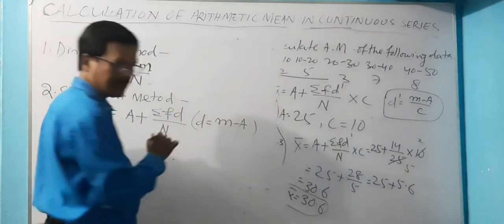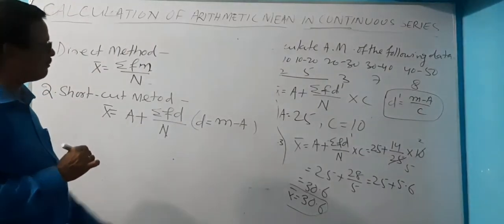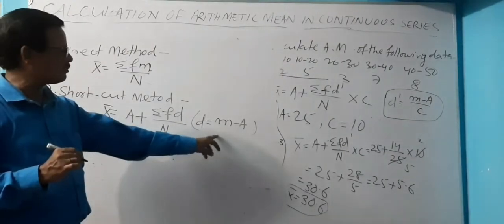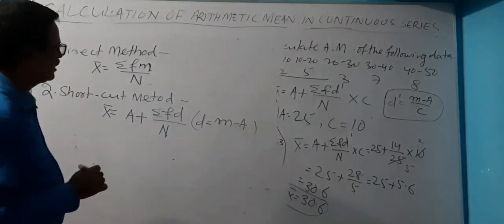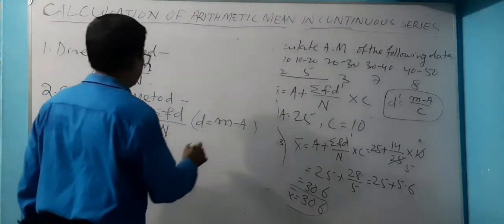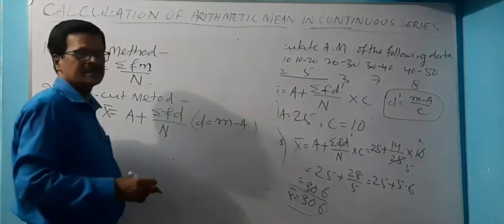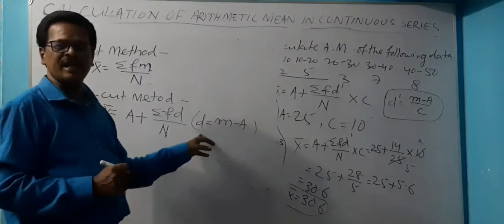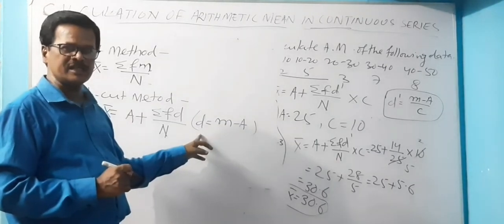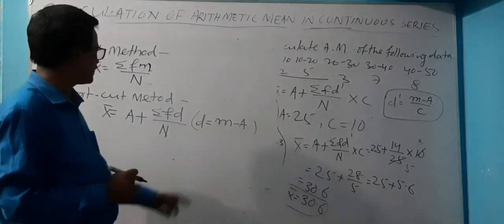Here m means mid values of the classes of x. In discrete series d was x minus a, but in continuous series d is m minus a.